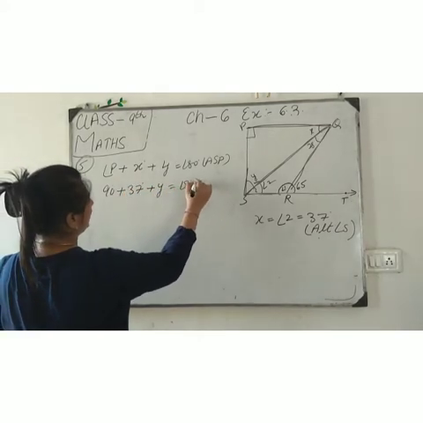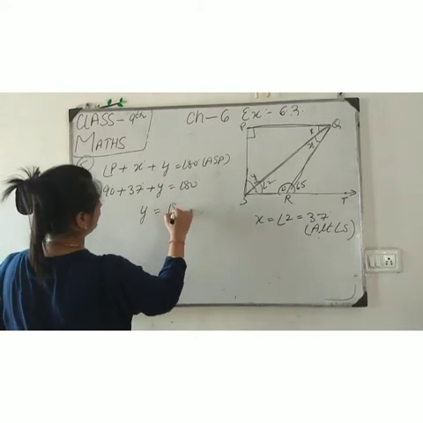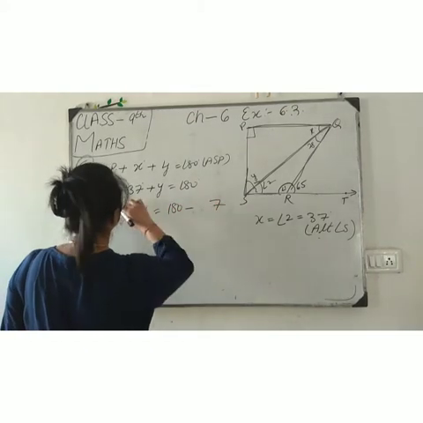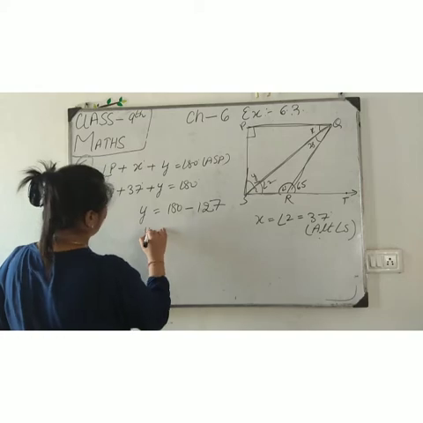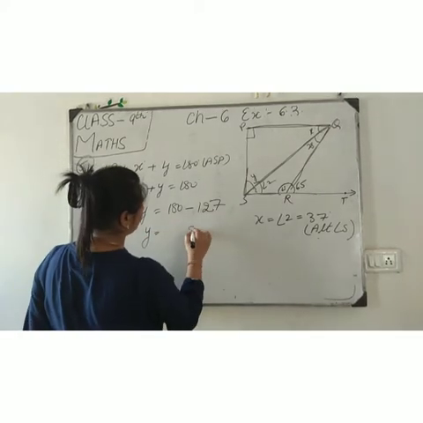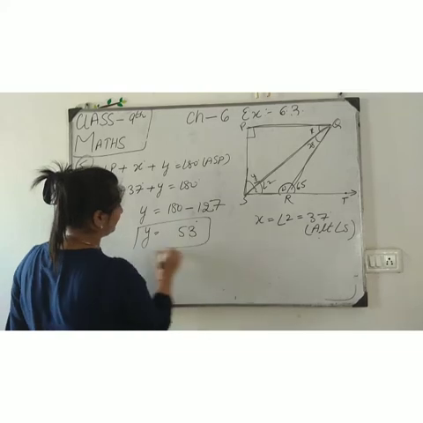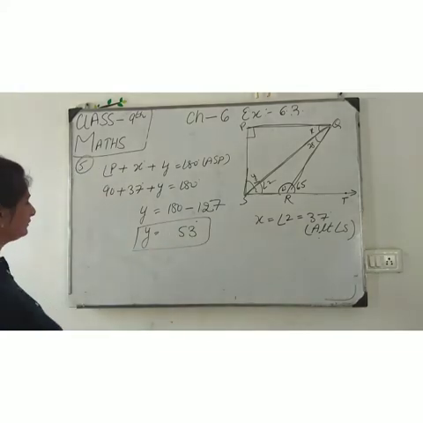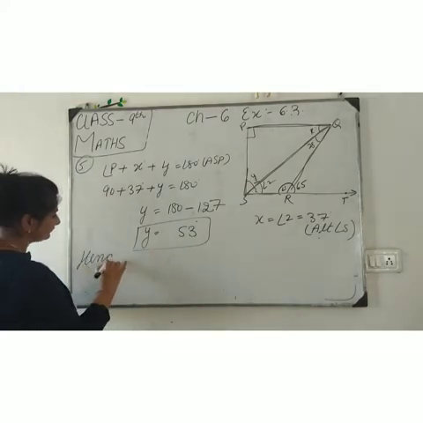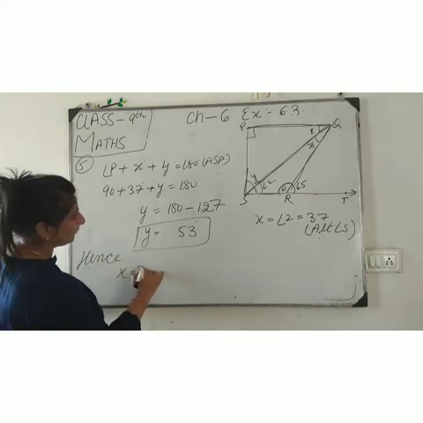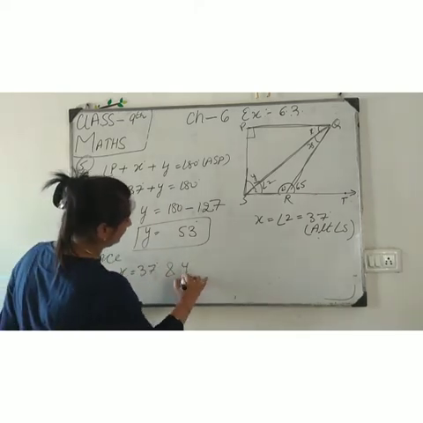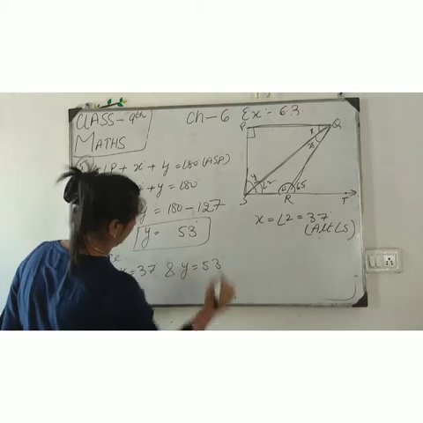Y equal to 180 minus 90 plus 37, that is 127. Y equal to 180 minus 127, 53. So value of Y is 53. Hence, at last you write down the proper value of X and the value of Y.